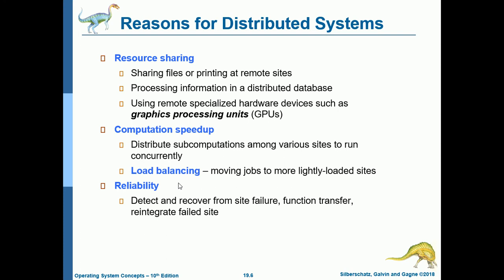And the next is reliability: detect and recover from site failure, function faster, and reintegrate the failed site. So for reliability, an example of a distributed system is the internet or the World Wide Web. I've actually experienced this when Yahoo Philippines was still existing.